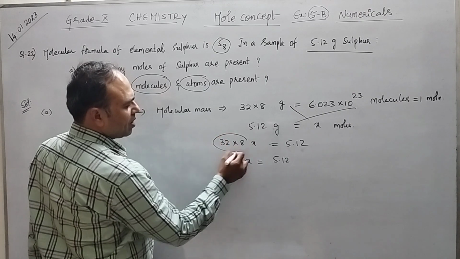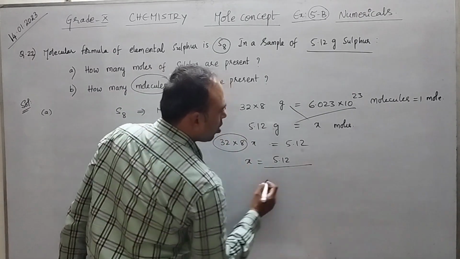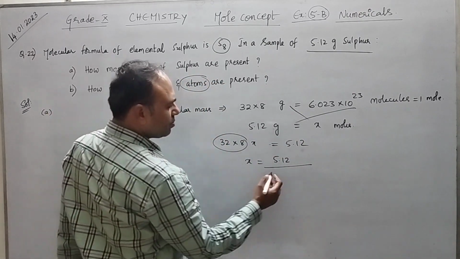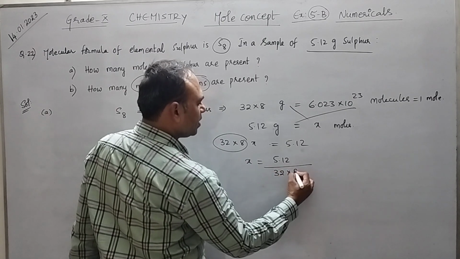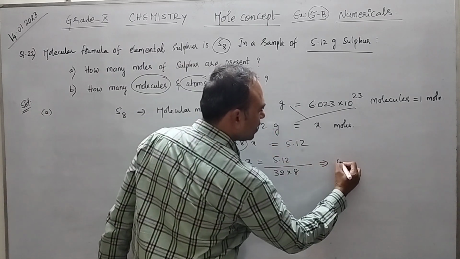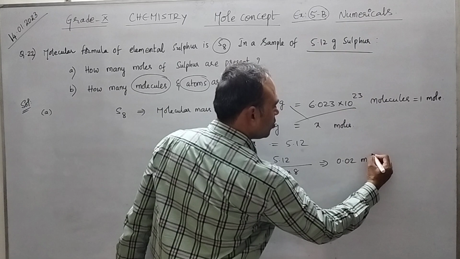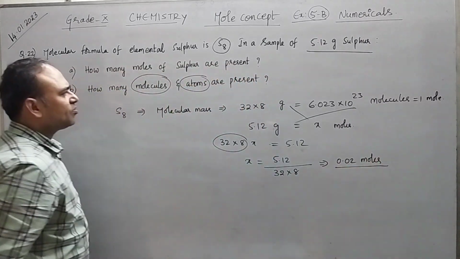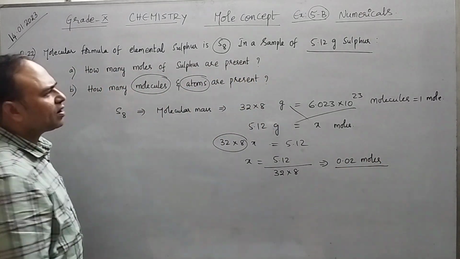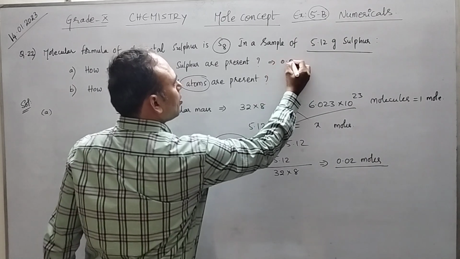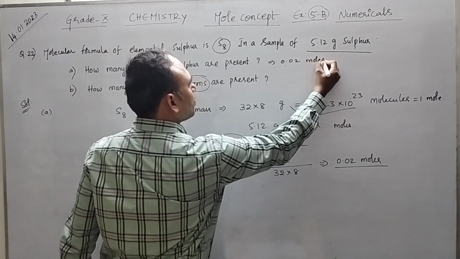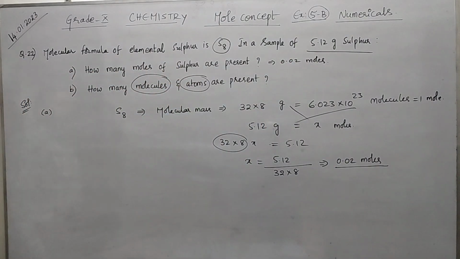Now this is multiplication here, so on the other side of the equal symbol it will become denominator 32 into 8. So I have already calculated, 0.02 moles we get. So first one, how many moles of sulfur are present here? 0.02 moles. So I think you have understood the first question.